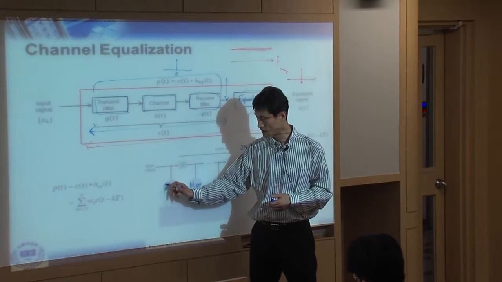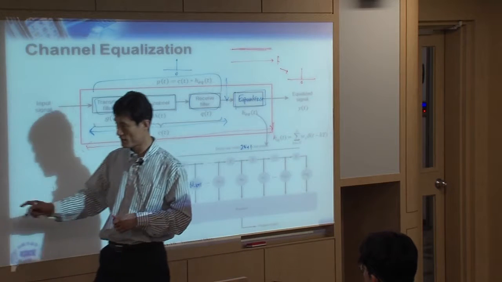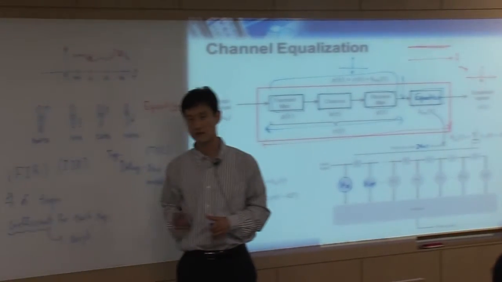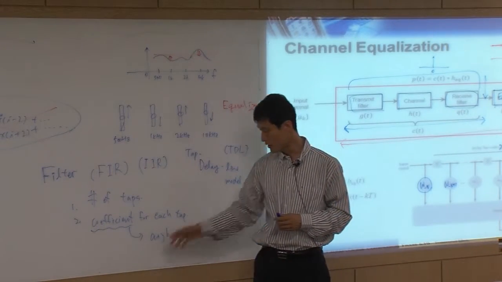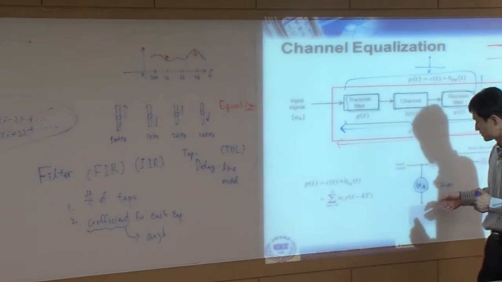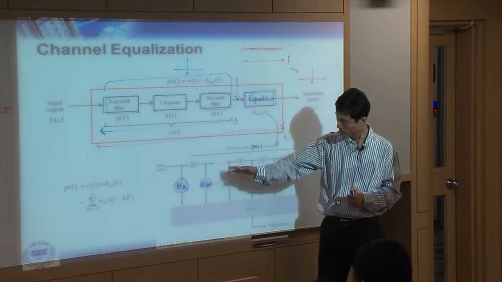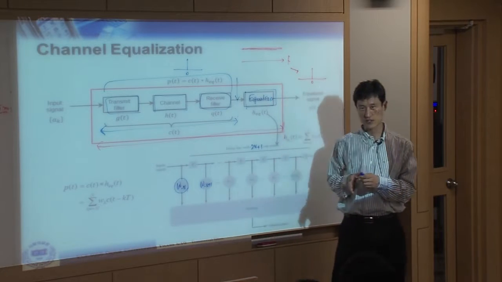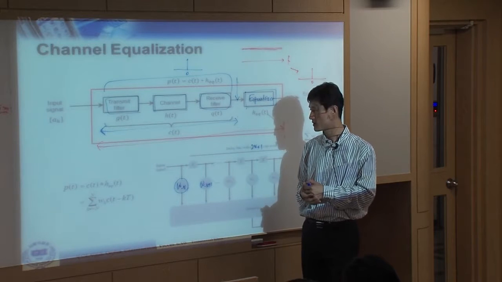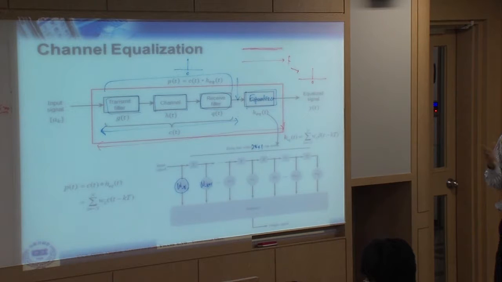And each coefficient is typically a complex value, like A plus jB, right? It has its own amplitude and phase, typically. So we have 2N plus 1 taps, and each tap has a complex coefficient. So we have 2N plus 1 complex values. That's what an equalizer looks like. Simply a filter.